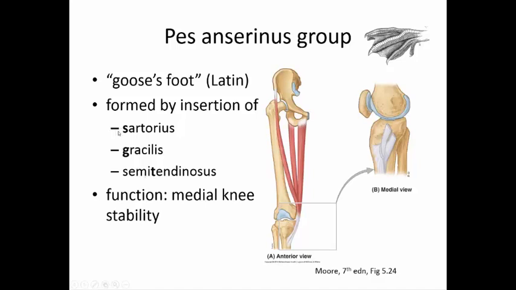You might also like to think of say grace before tea, and this helps us remember anterior sartorius, medial gracilis, posterior semitendinosus. The function is medial knee stability. Don't forget they're also crossing the knee posteriorly, so they will cause knee flexion. They're also going to contribute towards knee rotation.